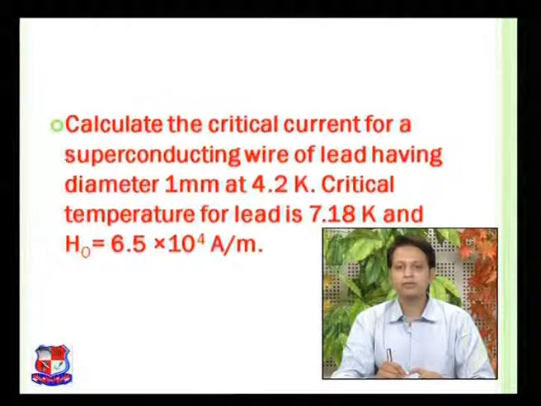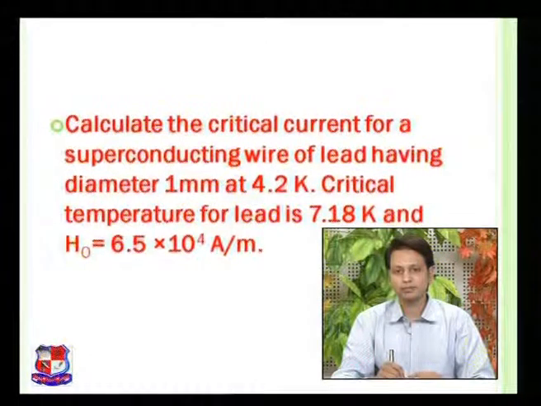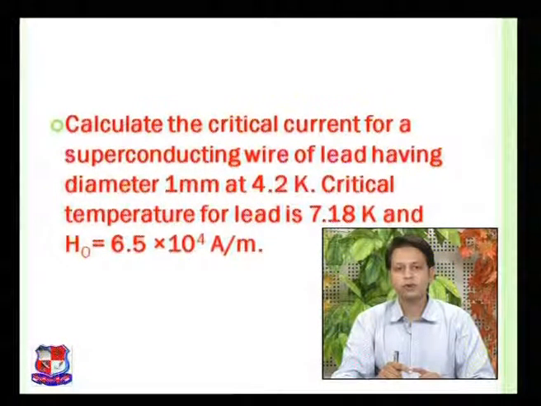The diameter of the wire is 1 mm, at 4.2 Kelvin temperature. The critical temperature for lead is given, that is 7.18 Kelvin, and H0 is 6.5 × 10^4 ampere per meter. So we have to calculate the critical current at the particular temperature of 4.2 Kelvin.